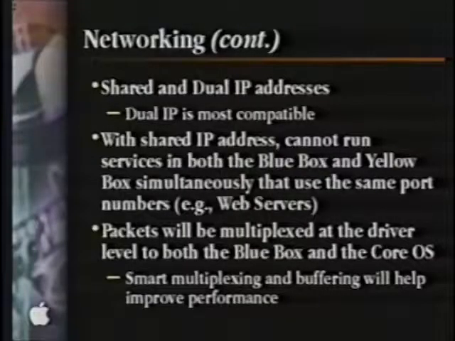So we're going to be supporting a shared IP address mode, and the restriction there is that we'll be arbitrating the port numbers for IP, which means that you can't run a file share or a web server inside of Blue and a web server inside of yellow, or an FTP site inside of Blue and an FTP site inside of yellow at the same time, because they both use well-known distinguished port numbers that we can't change for historical reasons. So that's the limitation.